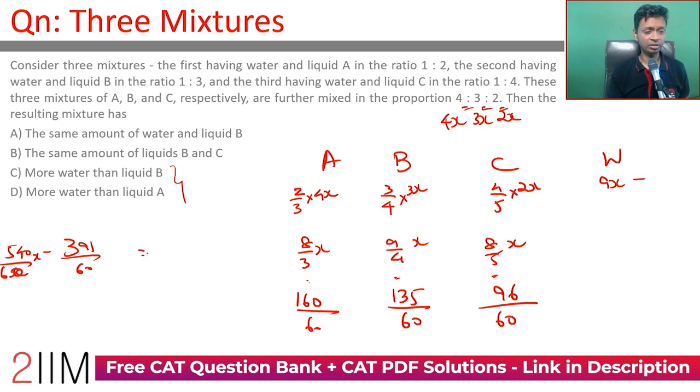From this we subtract this. 540 minus 391 is 149x by 60.